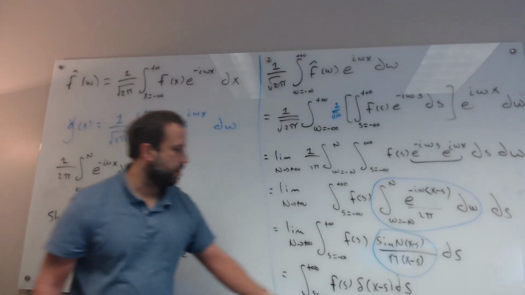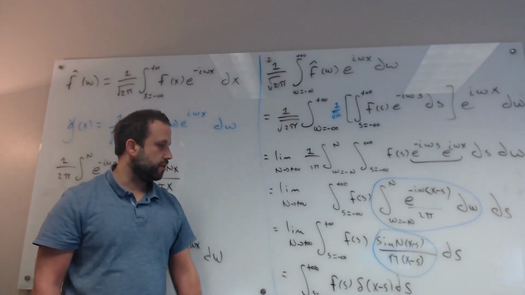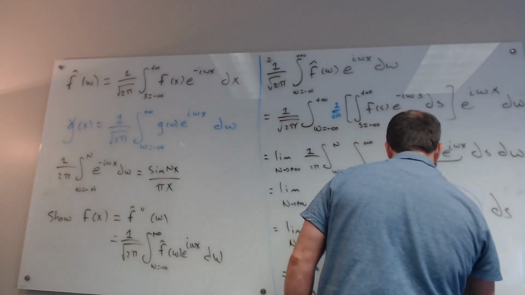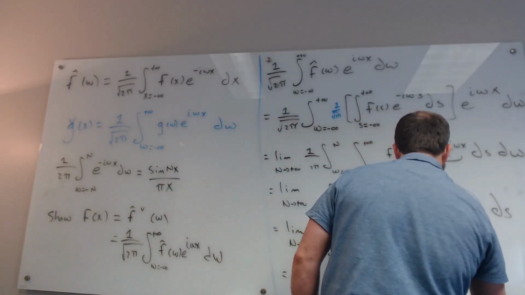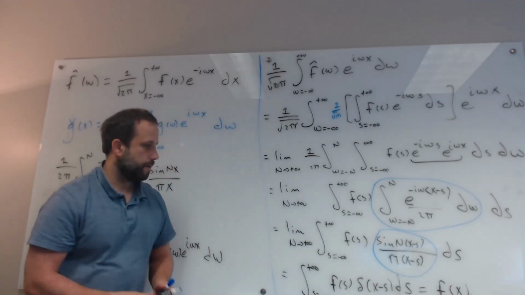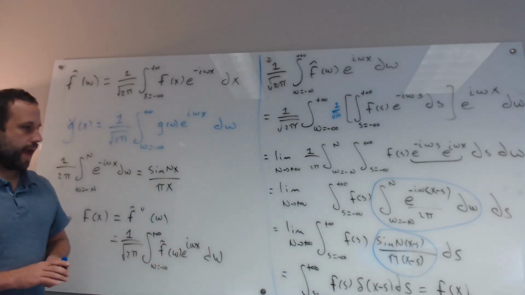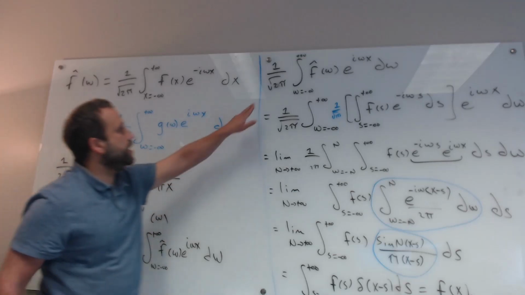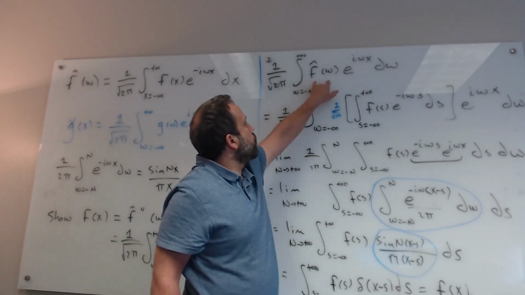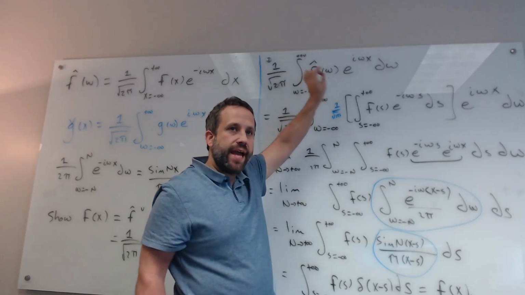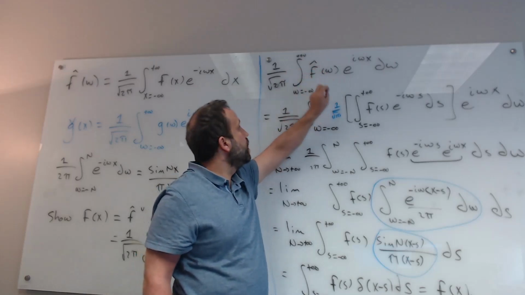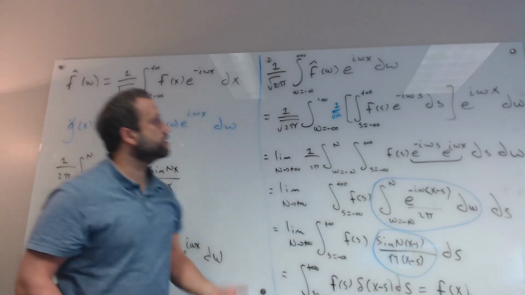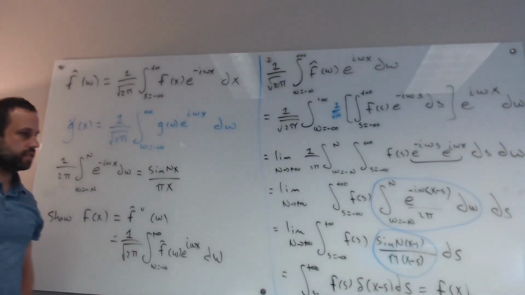This is just the Dirac delta distribution shifted to be centered at s. So this is just equal to f of x. That is what we wanted to show. This is the Fourier inversion formula applied to the Fourier transform of f, and we've shown that it is equal to f of x.